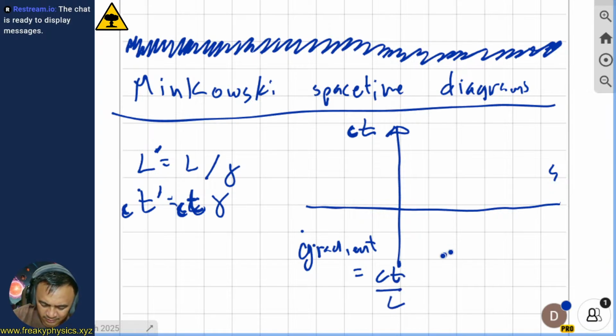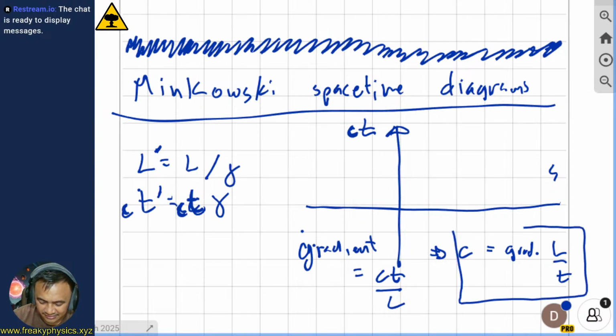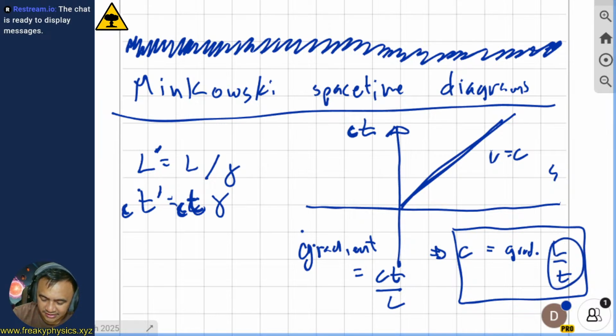Okay, so that basically means that C is equal to the gradient times L over T. This kind of makes sense now, because all of a sudden we can find this line. There is only one line wherein V is equal to C. This L over T can be V, right?